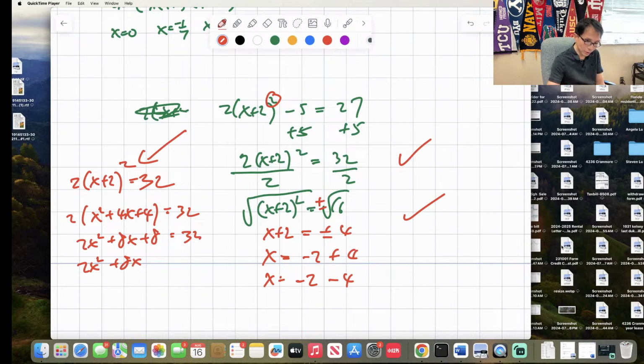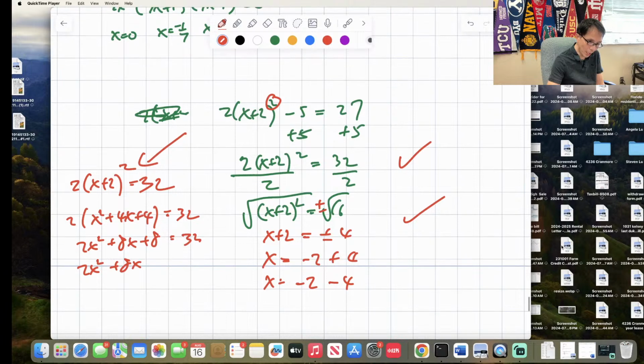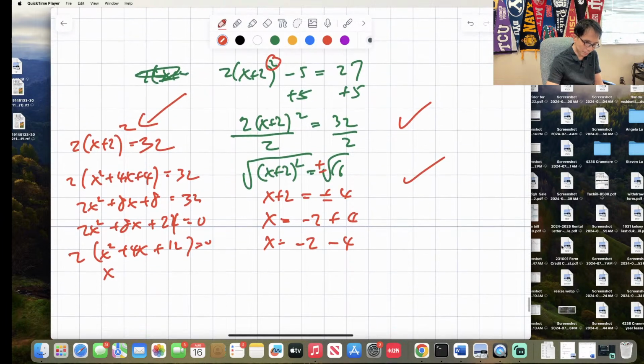Okay, so 2 check marks for this. I think it's this. What is it? 26? No. 22? No, 24. Equal to 0. Take out 2, so it'll be x squared plus 4x plus 12. Oh, this is 30.